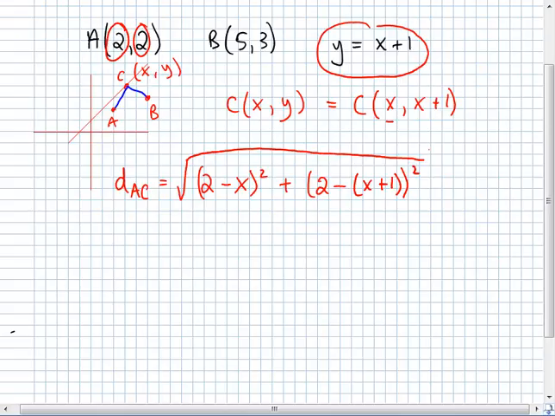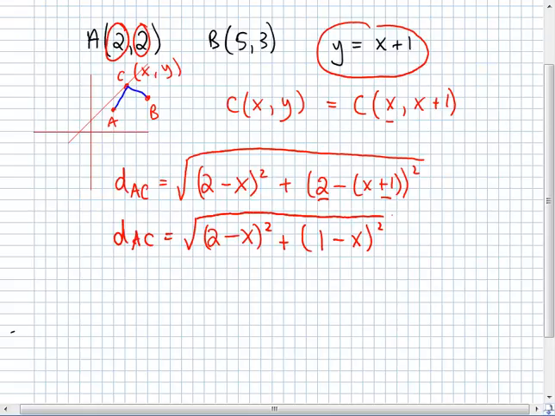Okay, do a little bit of simplifying in this bracket here. That's just going to distribute that negative sign inside the bracket there. So again, the distance between A and C is going to be the square root of 2 minus x all squared plus, and then 2 minus 1 is 1 minus x squared. Maybe have a look at that, pause it, go back over it, see how I got that there.